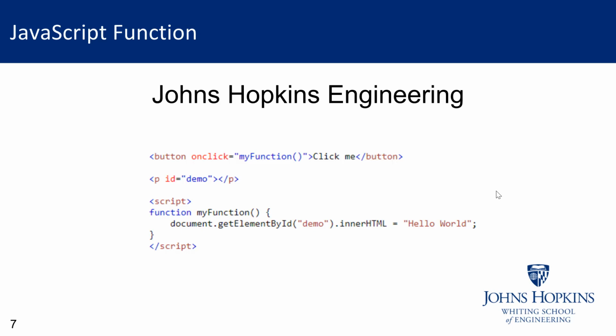So that's pretty straightforward. The other thing here we see is a P tag. The P stands for paragraph. And what's a little bit different here, which we didn't have on the previous page, the paragraph tag contains an ID, an identification of the string demo. So this gives us a way to uniquely identify that specific paragraph tag.